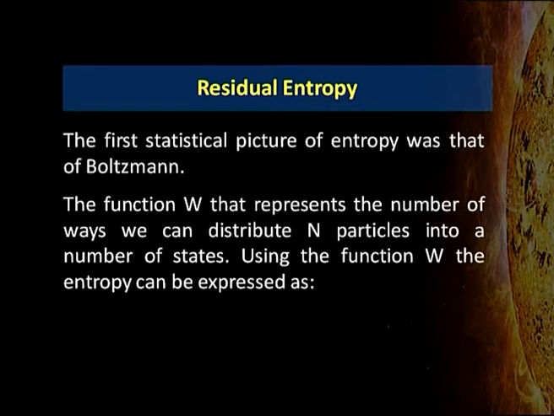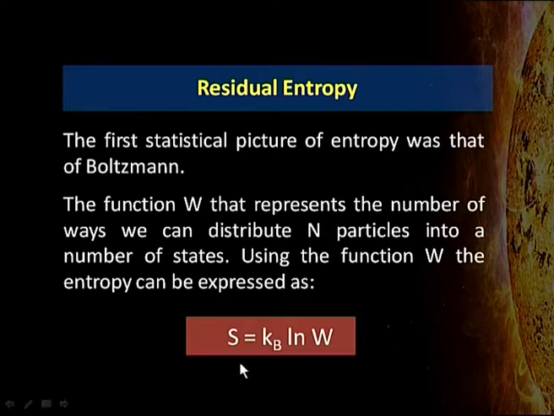The first statistical picture of entropy was that of Boltzmann. The function W represents the number of ways we can distribute n particles into a number of states. Using the function W, the entropy can be expressed as S is equal to Kb natural log W. Here Kb is the Boltzmann constant.